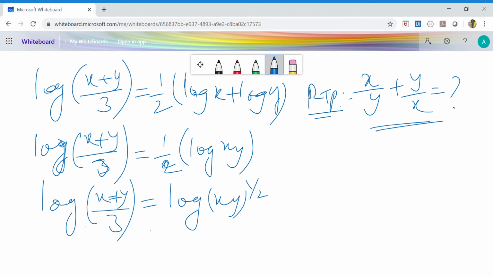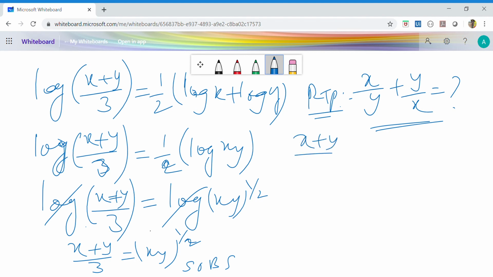Now both sides are single logarithms, so you can cancel the logarithms. Then it will become (x plus y) by 3 is equal to xy to the power of 1 by 2. To remove the root, that is the power 1 by 2, we have to do squaring on both sides. Then you will get ((x plus y) by 3) whole square is equal to (xy to the power of 1 by 2) whole to the power of 2.